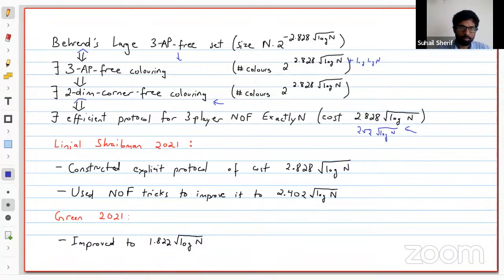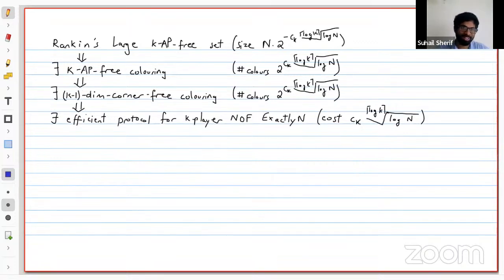All right. So it's nearing the end of the talk, but we finally reach what we do in this paper. We do the same thing for larger, that is, k-AP free sets. Behrend had a k-AP free set, which had some constant over here, which I'm not writing down because it's very messy. You can do the exact same steps and say that means that there's an efficient protocol for this k-player number on forehead exactly n.